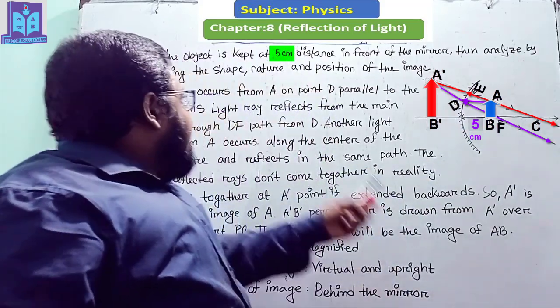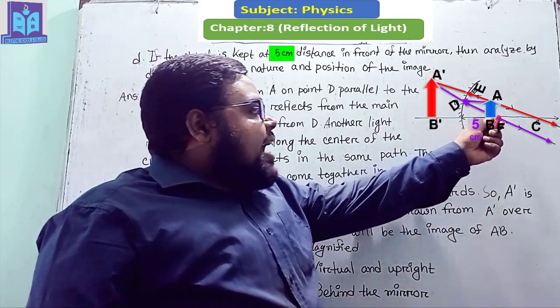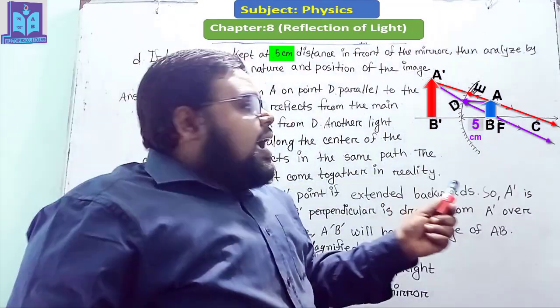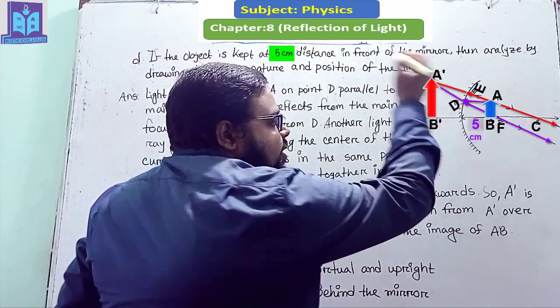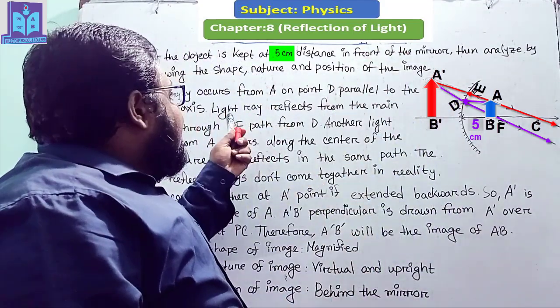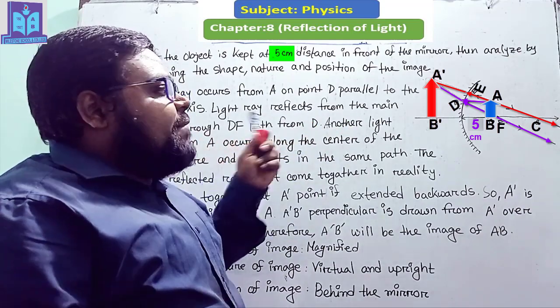At first the light ray comes from the A point and is incident on the D point. After that the light ray is reflected through the main focus along the DF path.